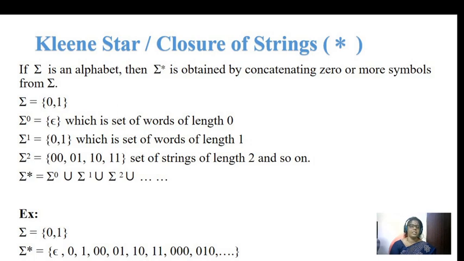Sigma power 1 is length 1 symbols. Sigma power 2 is strings with length 2. Sigma star includes everything, the union: from the empty string epsilon to strings of all lengths.